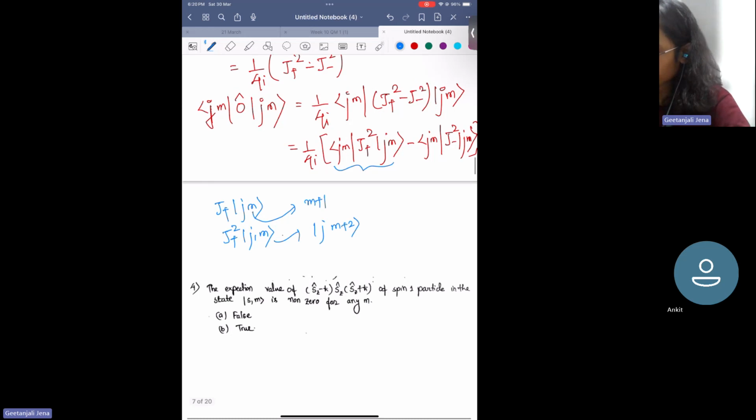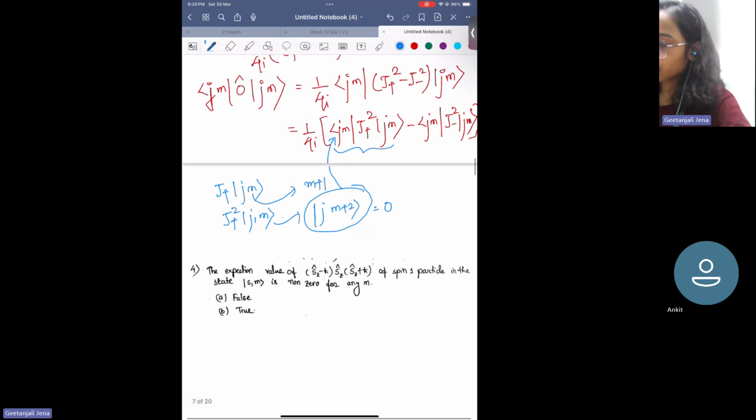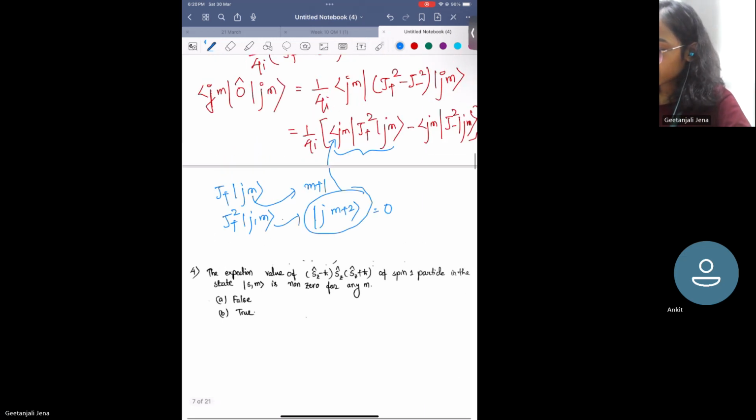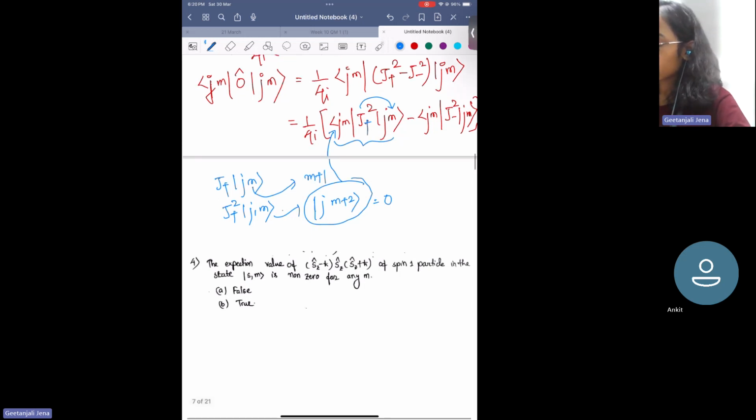Now if you take the inner product of this with |j,m>, you will get 0, because when J plus acts on this one, the state gets changed, so the inner product would be 0.